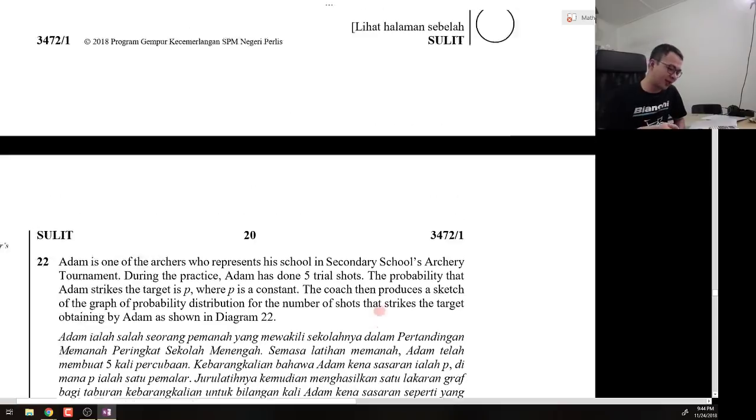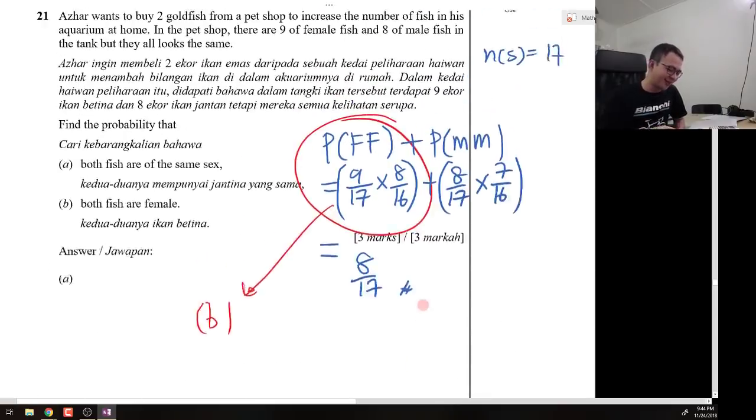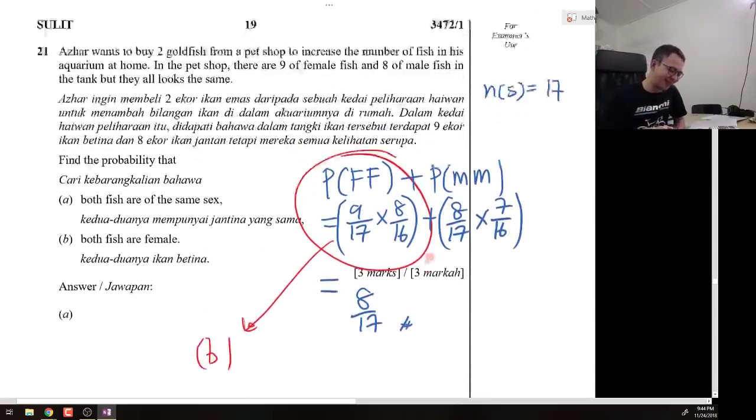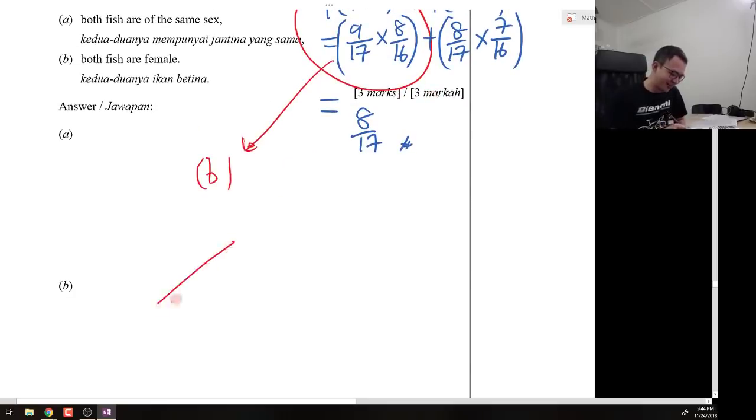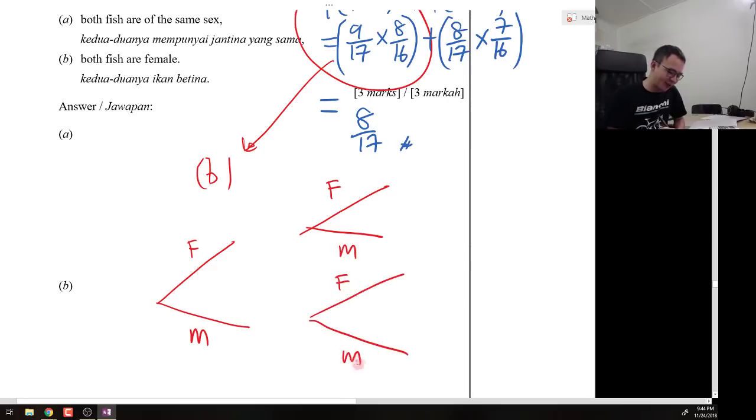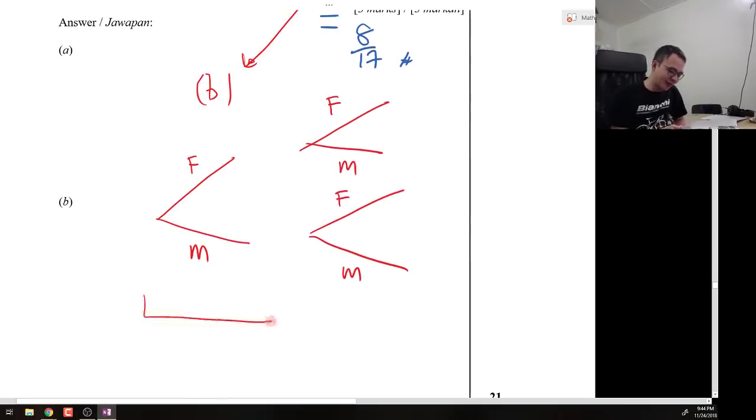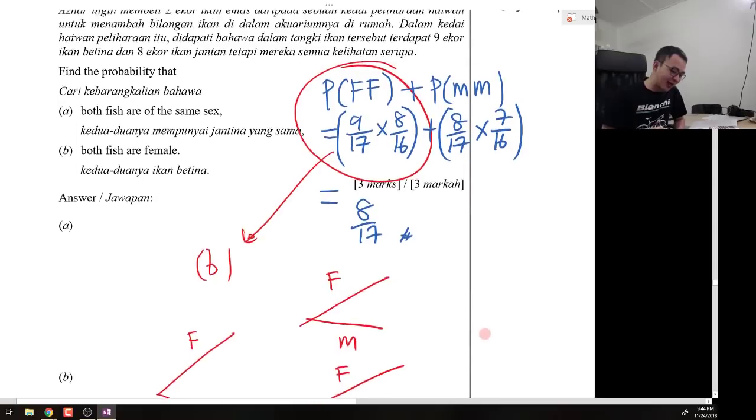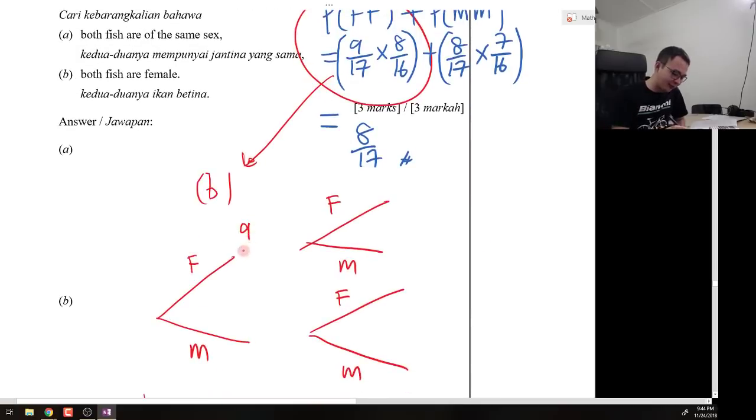Can you show the tree diagram? Yeah, sure, if you want to have the tree diagram. Alright. Female and male fish. Female fish and male fish. Female fish and male fish. Alright, so this is the first fish, second fish. So you have 9 female fish, right?